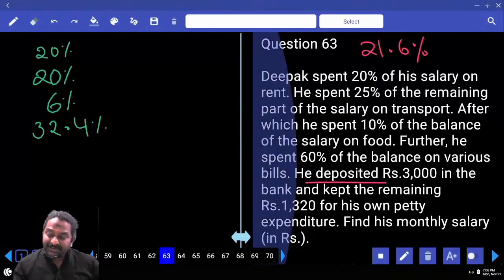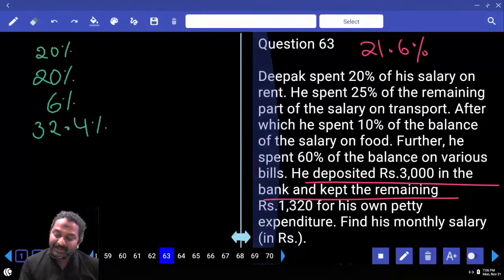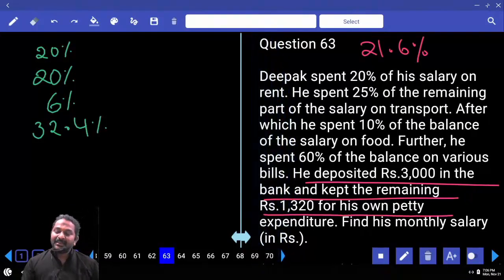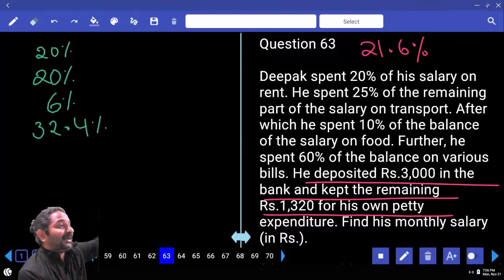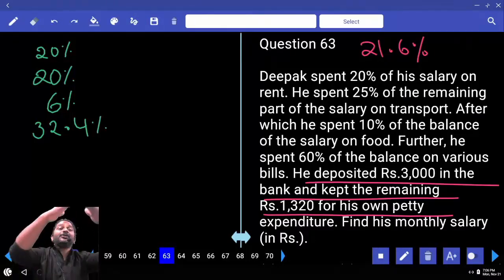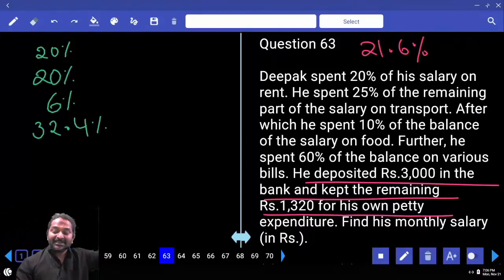He deposited 3,000 in the bank and kept the remaining 1,320 for his own petty expenditure. So, in terms of percentage, remaining is 21.6, and that he divided into two parts: 3,000 deposited in the bank and 1,320 kept for his expenses. So the sum of both values is equal to 21.6%.